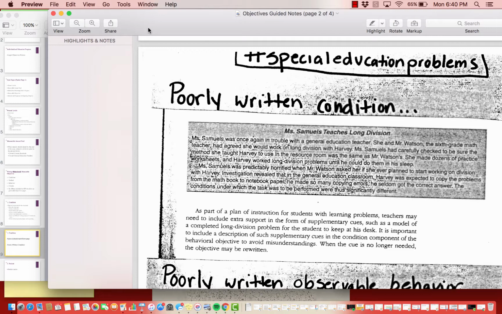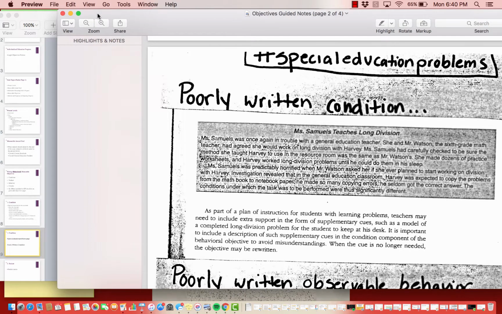So when students are getting the problems wrong, it doesn't mean that they don't know long division, it means they weren't able to copy it correctly. So then you're inadvertently assessing a skill that you're not trying to assess, that's not really relevant to what it is you're trying to accomplish with the student. So that's an example of a poorly written condition, or not having aligned conditions and what can happen when everyone isn't on the same page with what exactly that assessment should look like.